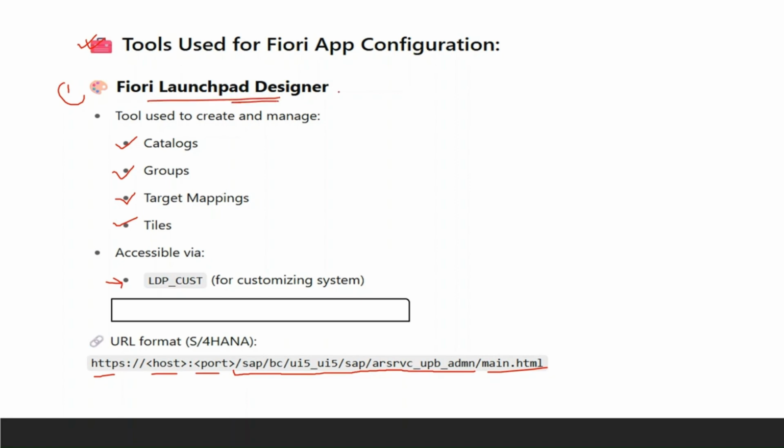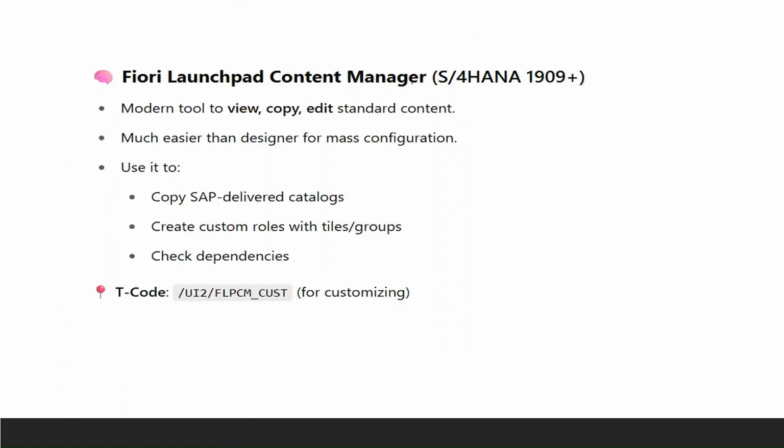In the next slide, I will be showing you the Fiori Launchpad Content Manager, which is available from SAP S/4HANA 1909 plus. It gives us a wide range of features to view, copy, and edit standard content, and to see custom content.